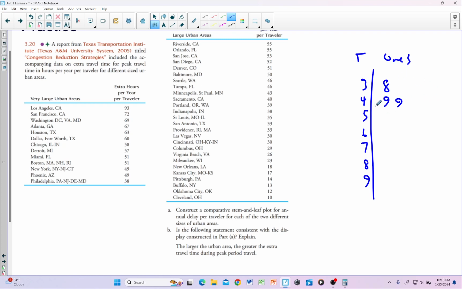Again, remember, we only have to write the ones digit for each data point. How nice is that? It allows us to put it in very easily. 72, 93. Okay, easy.